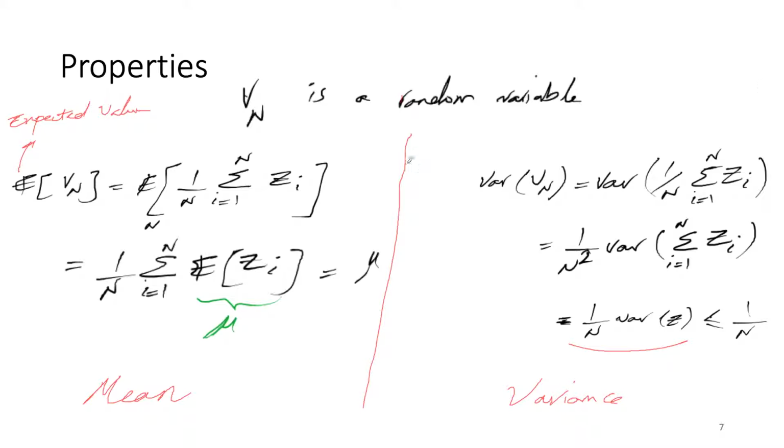So this is the properties of random variables for variance, mean. And this number is always smaller or equal to 1 divided by n.